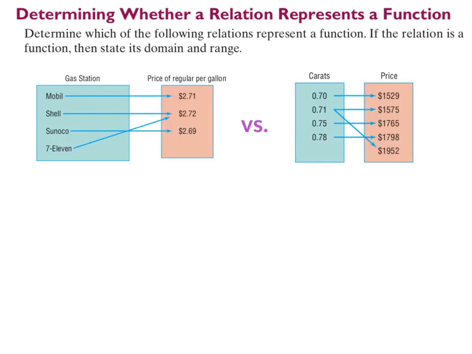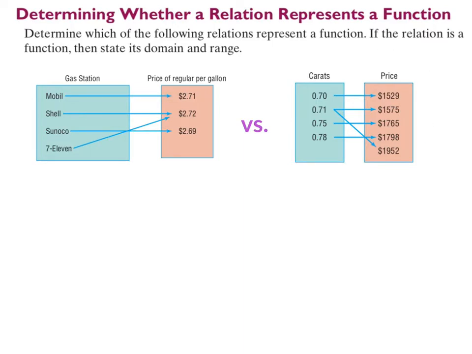In our next example, we're going to compare and contrast two different maps. So in the first map on the left-hand side, we've got gas stations as our input and price of regular gas per gallon. And in the map on the right, we've got carats of gemstones and their output of their price.